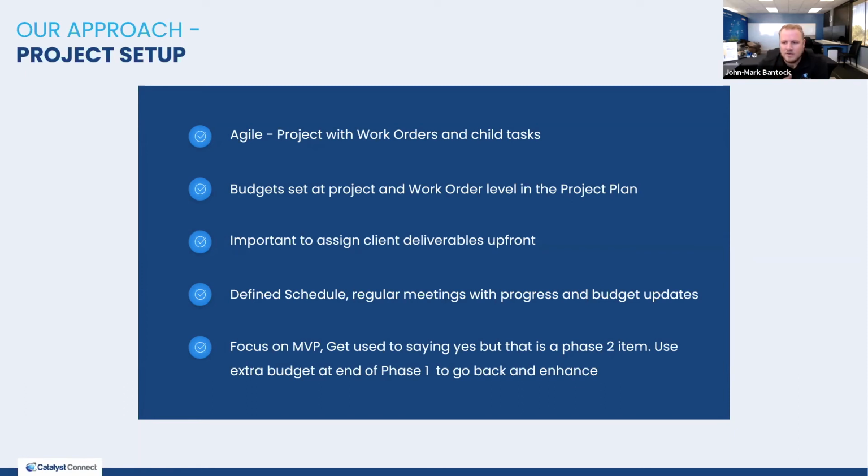All of those little nuances that don't get flushed out at the beginning that can throw things off, we treat as child tasks to that work order. So you need to be able to set up expectations up front that we have this deliverable, we know the general direction that we're going to implement that function or feature or process. And we have our initial scope of work to get us, say, 80% of the way there.